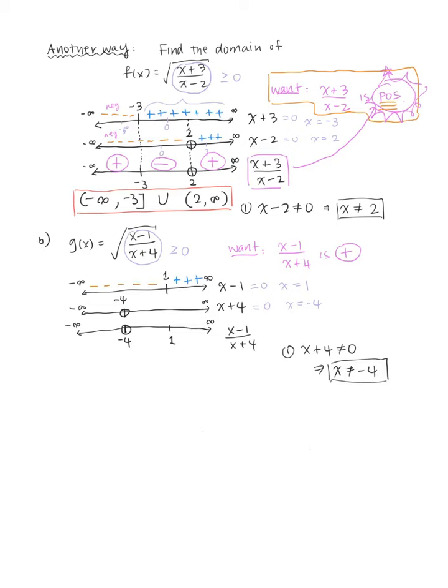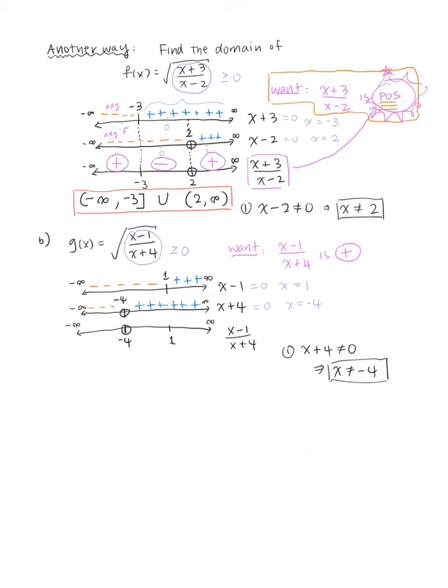Now let's look at the second number line. If I plug in any value greater than negative 4, well, 0 is greater than negative 4. If I plug that in, do you see that 0 plus 4 gives a positive 4? So on the right hand side of negative 4, we're all going to get a positive. And on the left, we're going to get negative.